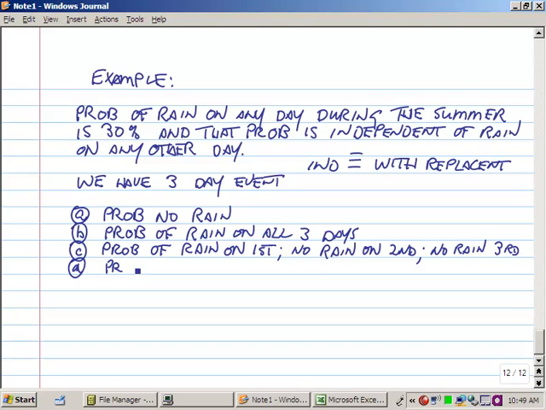So probability of rain on exactly one of the 3 days.